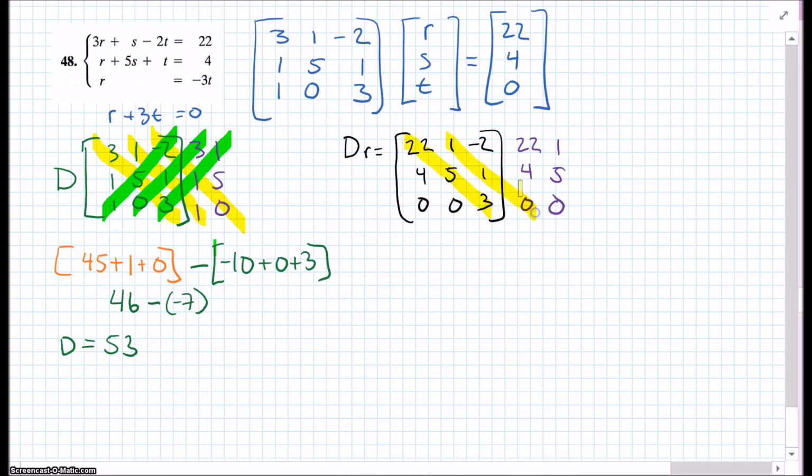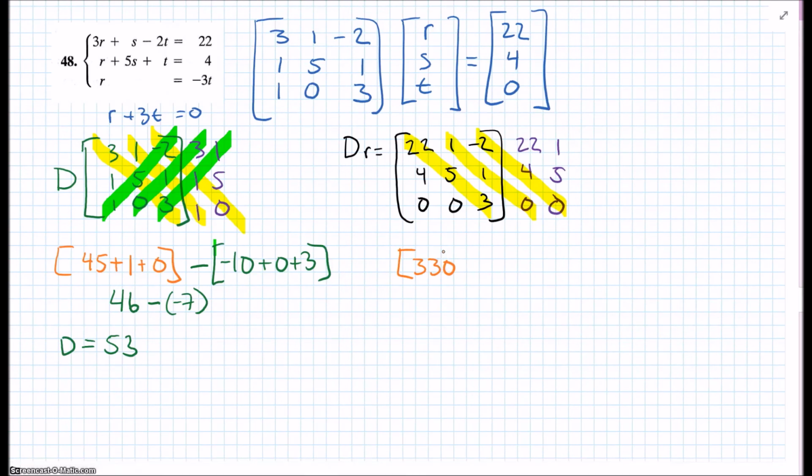Okay, we're going to highlight my diagonals. I'm going to go ahead and do all that right now. We're going to sum those up. 22 times 5 times 3. It's going to be 330. It's 110 times 3, yep. And the other two are 0, so we're done there. Minus, I'm going to go ahead and highlight my 3.